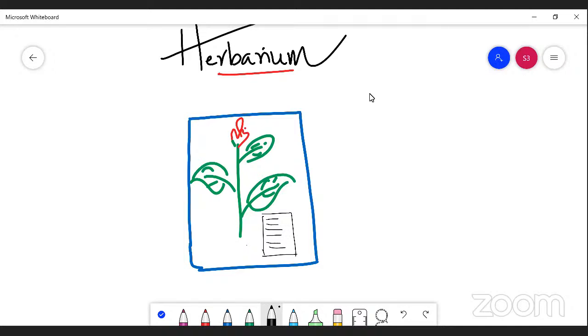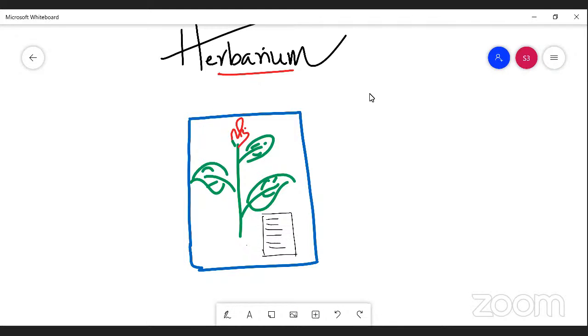There is a chart paper available like a herbarium sheet, which is used for labeling these dried plant specimens. Herbarium is also a place where a collection of plant specimens is available.